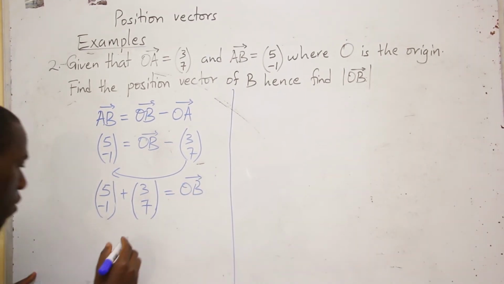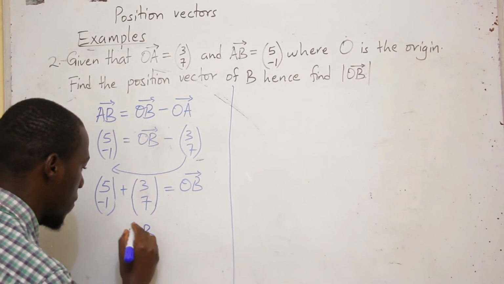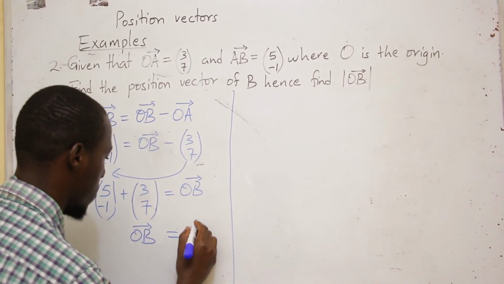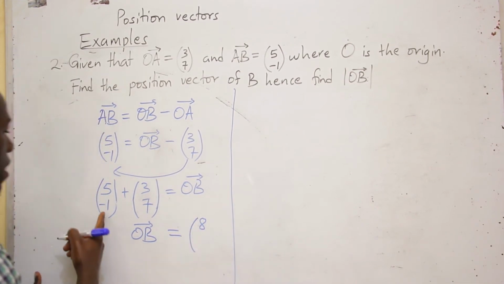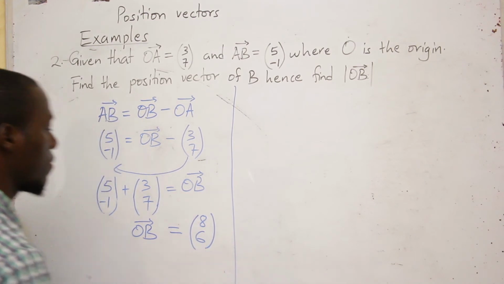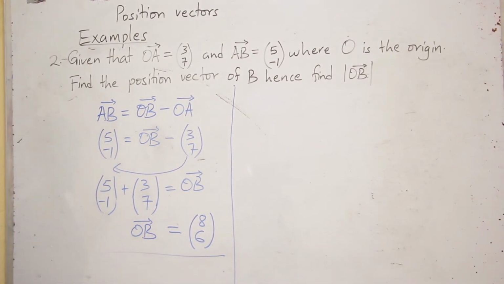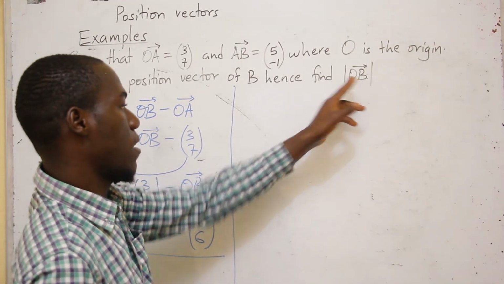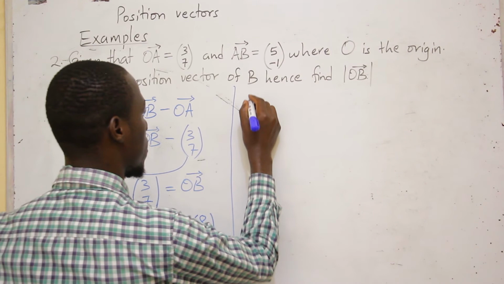Now my vector OB is going to be given when I add up 5 plus 3, I get 8, negative 1 plus 7, I get 6. That is my vector OB, the position vector. Then they told us hence to find the magnitude of that vector.